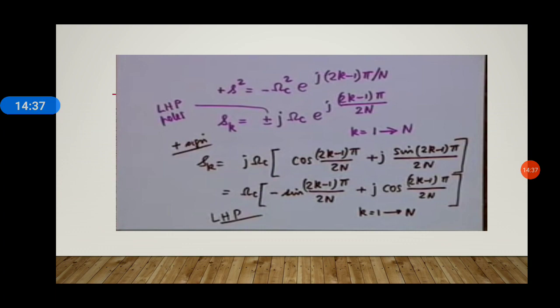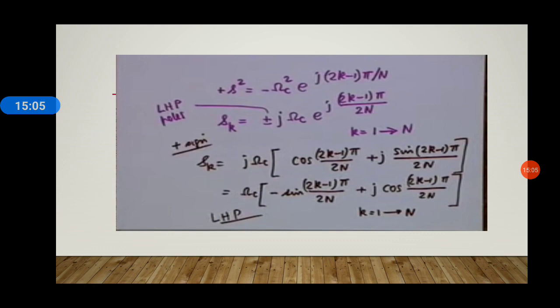Now for the first term, where n is equal to 1 and k is equal to 1, what we have is pi by 2. And for the last term, k will be n. So anything which is less than pi.